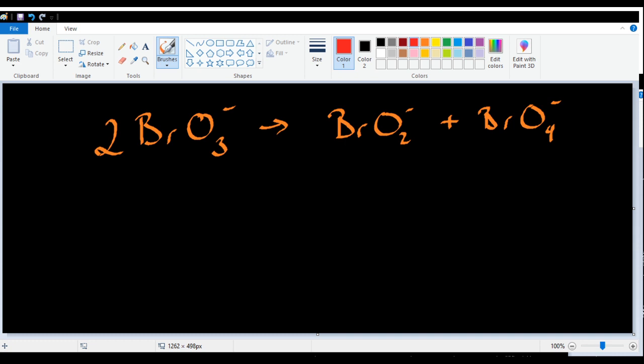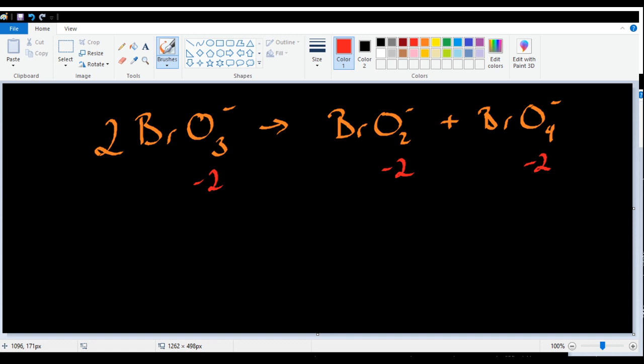Now, oxygen, whether we're looking at it in bromate or bromite or perbromate, is going to have an oxidation number of -2 all the way across. Oxygen isn't doing anything here. What is changing, though, is the bromine.